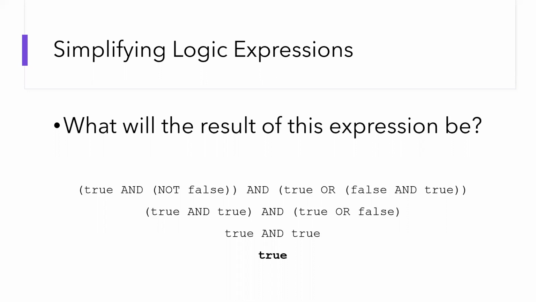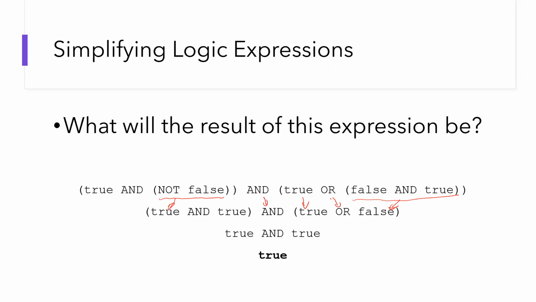Well, hopefully you find it easy. So you choose, say, the innermost bracket, and you start by evaluating those expressions. So this will evaluate to true, and this will evaluate to false, since not false is true, and false and true is false. And then everything else gets copied down, right?